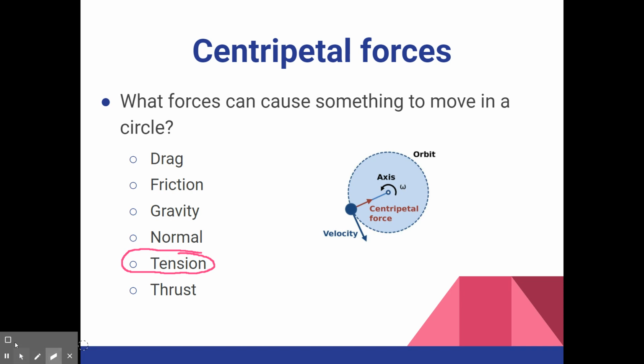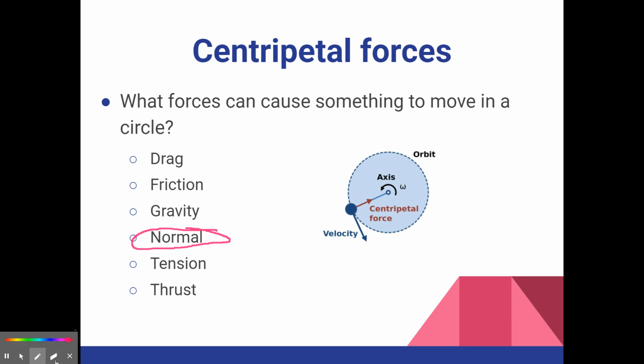Where else did we see centripetal force equal one of these other forces? When you had the marble, the ball bearing spinning in the plate, that was a normal force. The normal force was equal to the centripetal force on your particular plate.